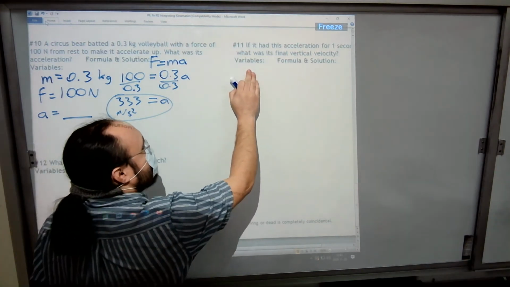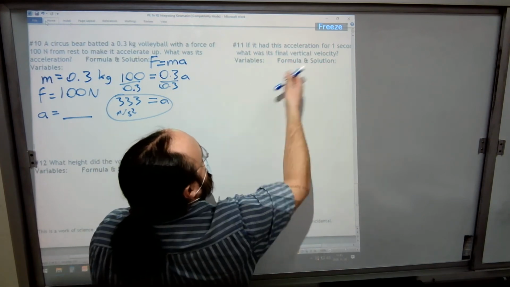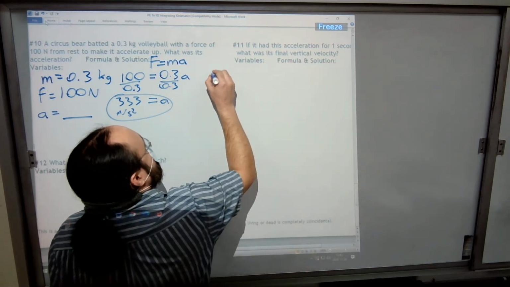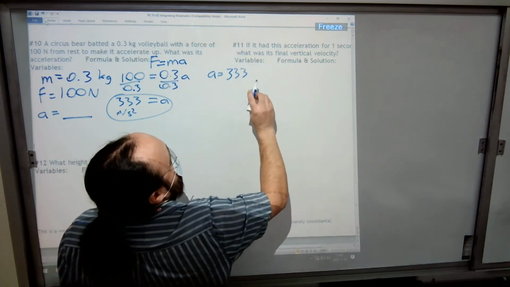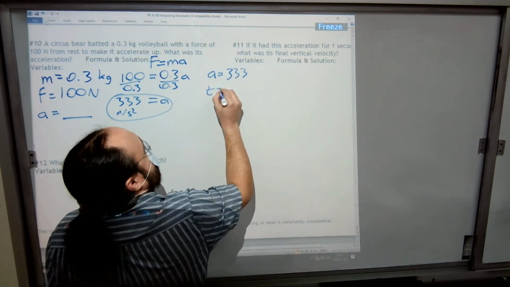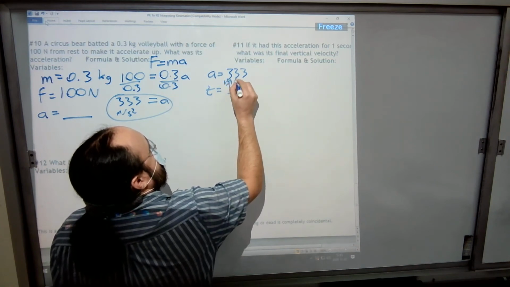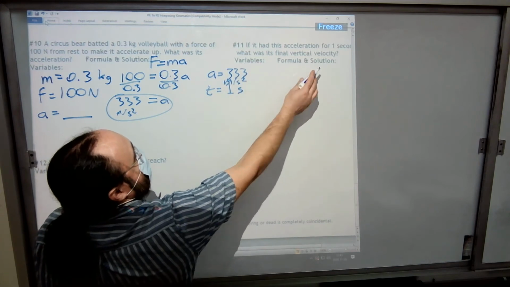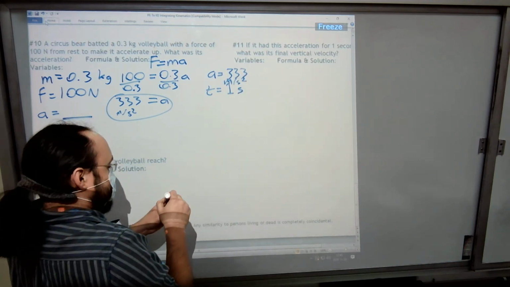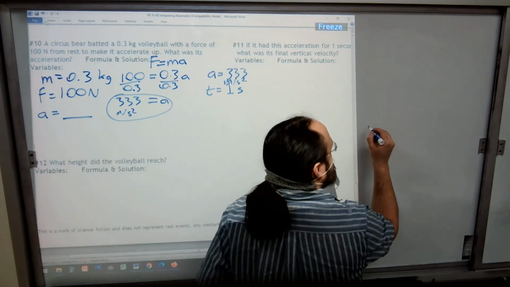So now it's taking us further. It says if it had this acceleration for 1 second, okay, so its acceleration is 333 for 1 second. That's how long it's going to take. There's a time. What was its final vertical velocity? I've got a picture of a bear over here.